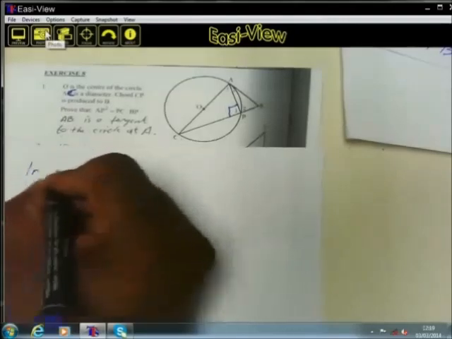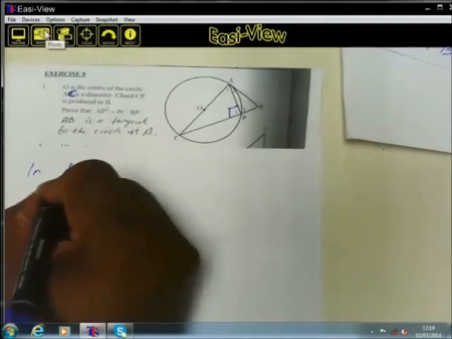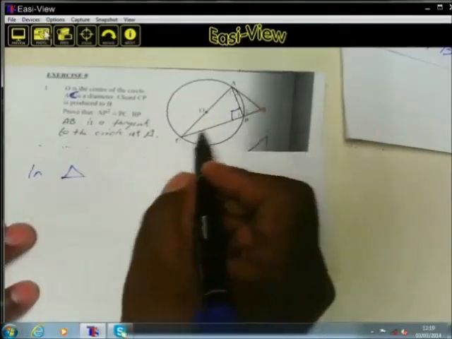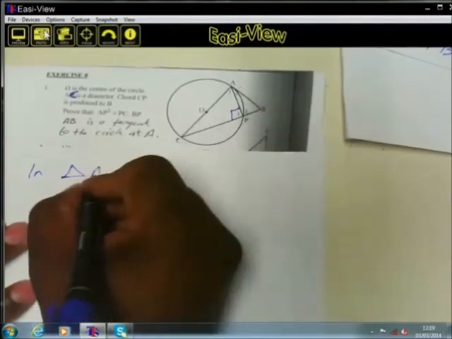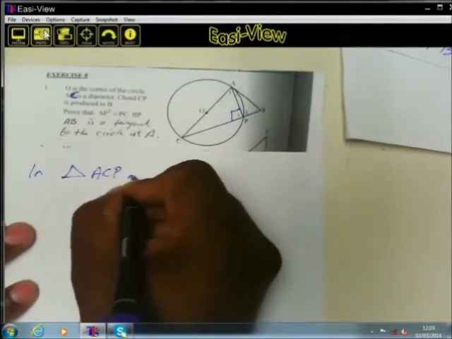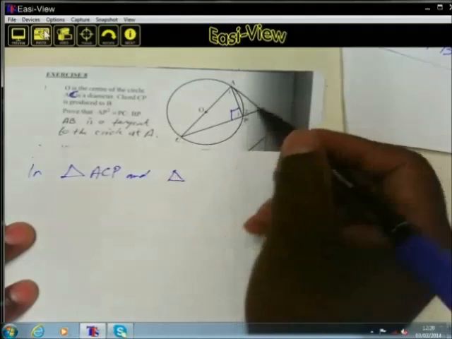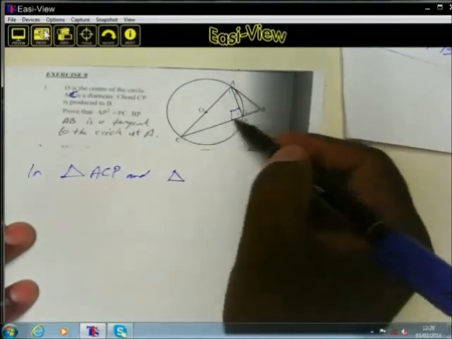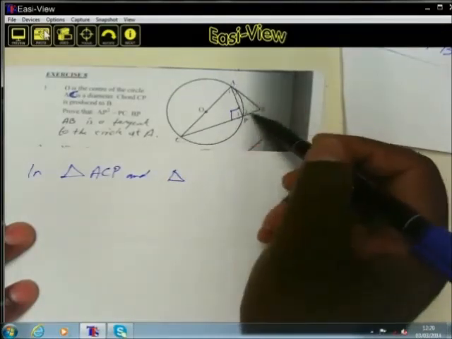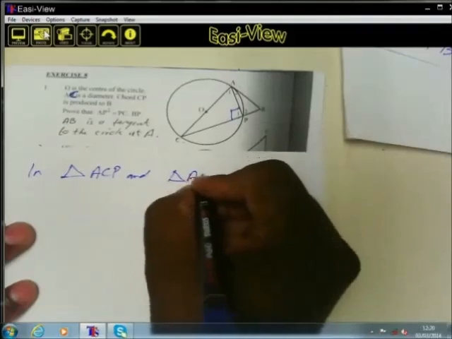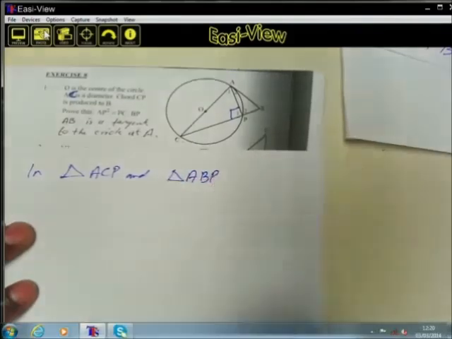Let's take triangle ACP and triangle ABP. Let's prove the two triangles to be similar.